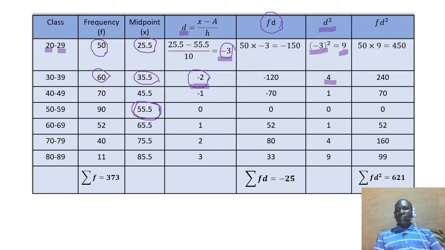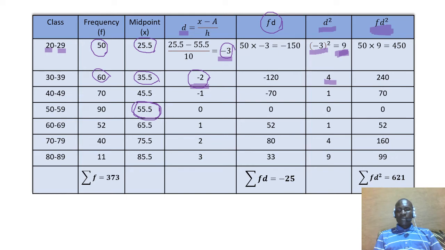Next, we have a special column known as FD squared. FD squared simply means you take value F. In this case, F is 50. What about D squared? D squared we have just found; D squared is 9.